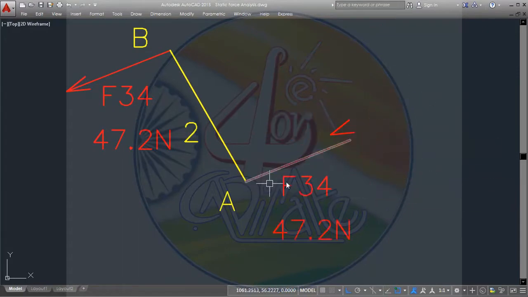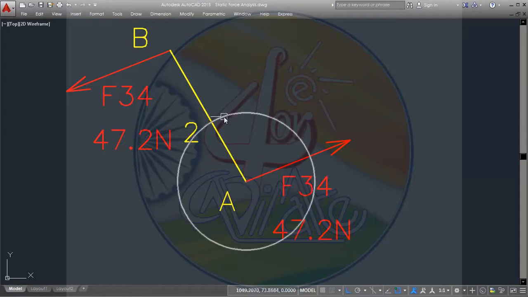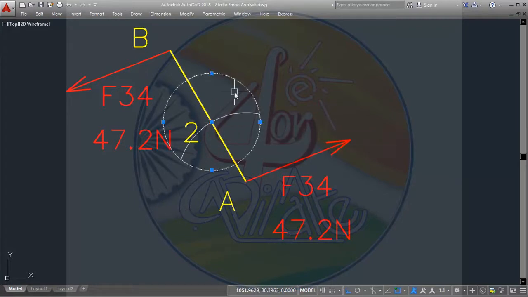So this will act in this direction. Now this is creating a rotating couple in this direction. To stop it, we need an opposite couple. We have to apply a couple in the anti-clockwise direction.